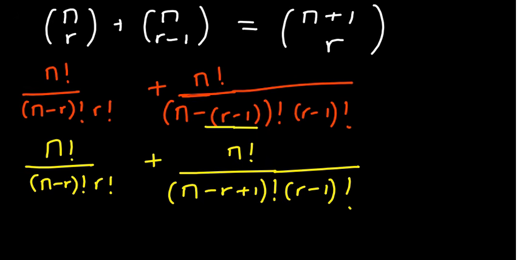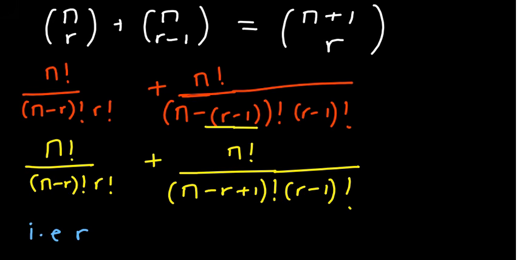So we can expand the bigger ones so that they can showcase the other one. What I mean by that is, we'll apply this. Let me start with r. r is bigger than r minus 1, so I can expand the bigger one, which is r.